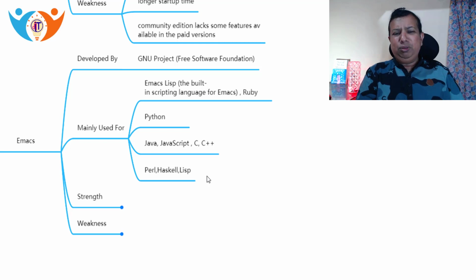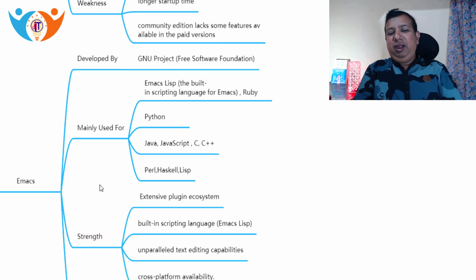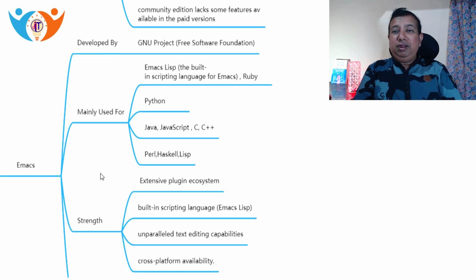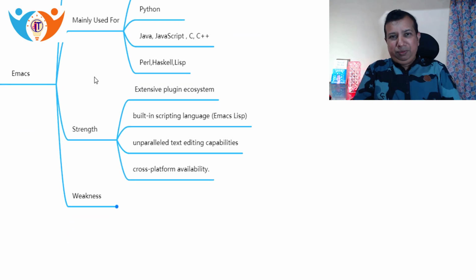Too many plugins are available for it. It has a built-in scripting language called Emacs Lisp. It has unparalleled text editing capabilities. Very good text formatting capabilities are available inside it, and it is available on almost all platforms, so we can use it on Windows, Linux, or even Mac.